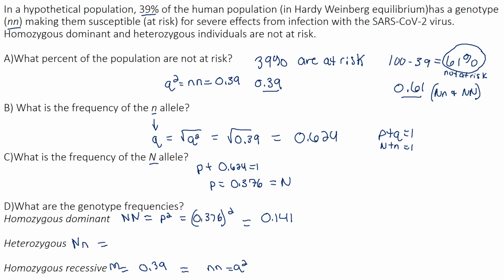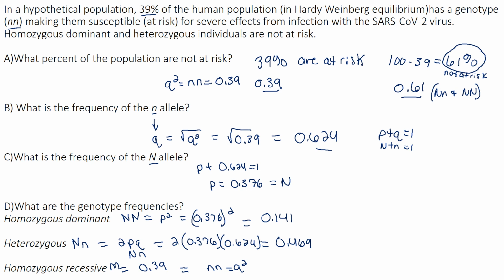0.376 squared turns out to be 0.141. And then we want to find the heterozygotes, so that's 2pq. Remember, p is the frequency of the capital N, the dominant allele, and q is the frequency of the recessive allele. So we multiply 2 times 0.376 times 0.624, the frequency of little n, and that comes out to 0.469.